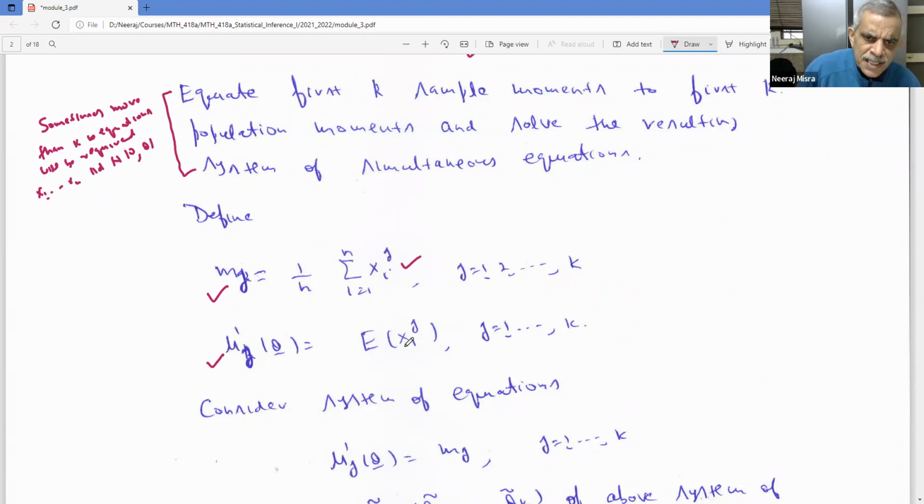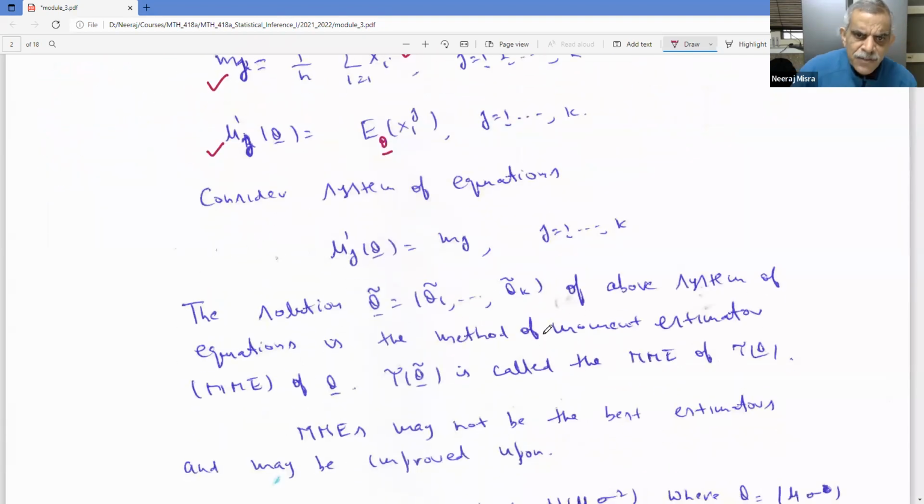Mu j prime theta is the jth population moment, which is expected value of x1 to the power j, so you can put a theta over here. So consider the system of equations, mu j prime theta is equal to mj. The solution of the above system of equations is the method of moments estimator of theta.